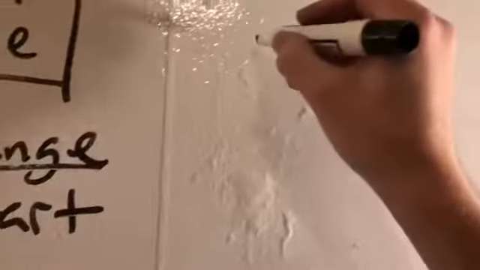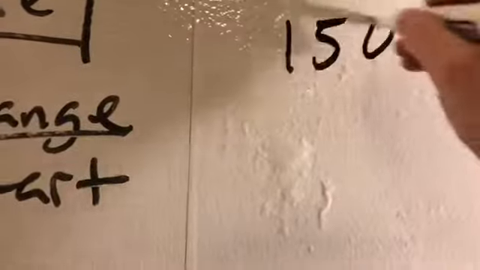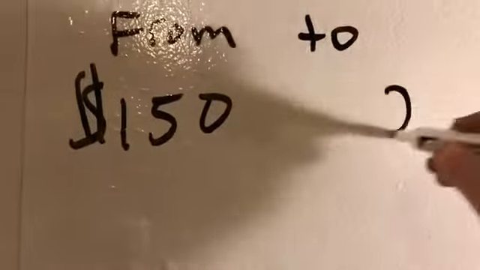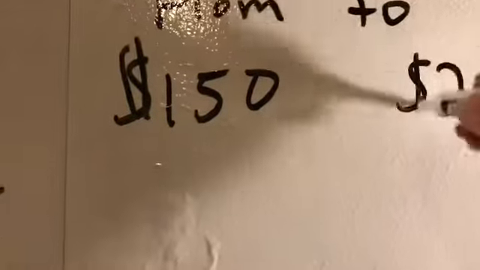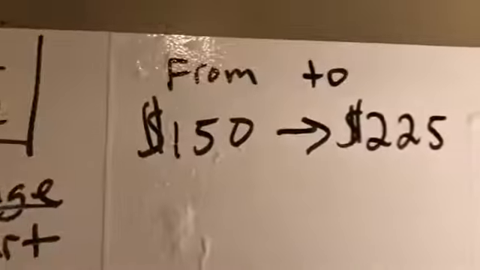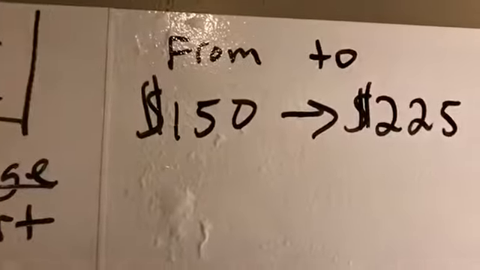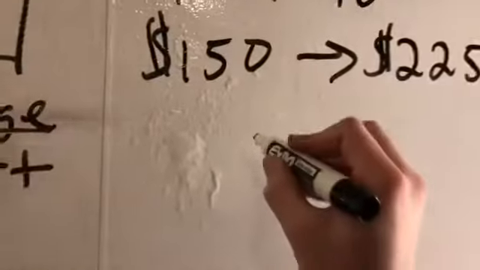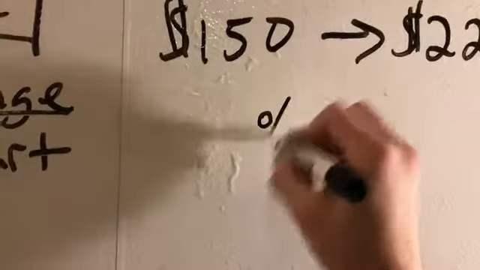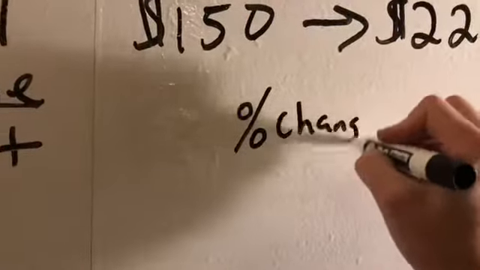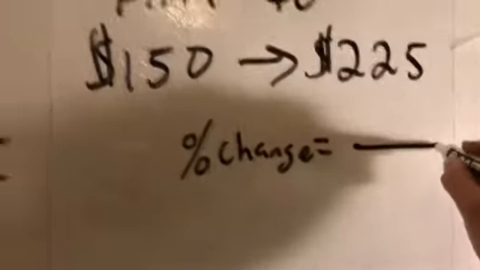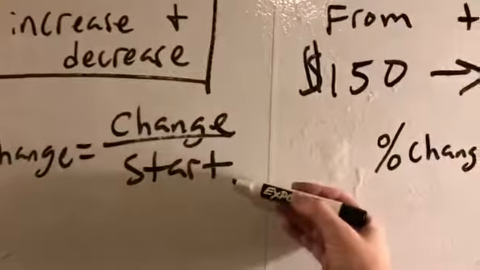So let's pretend that your bank account started with $150. Okay? And you went from $150 to $225. So what's the percent change? If we want to know the percent change, we're going to take the change divided by the start.